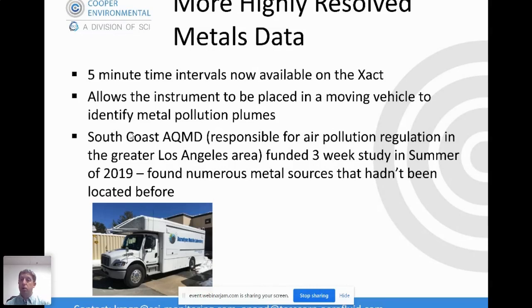And then presumably what you're able to do afterwards is go back to those locations and do more extensive monitoring and really begin to nail down what specific sources are responsible for the concentrations that we're seeing. So in this way, the instrument can be used very quickly as a screening tool to identify what areas of your airshed you might have more interest in monitoring.